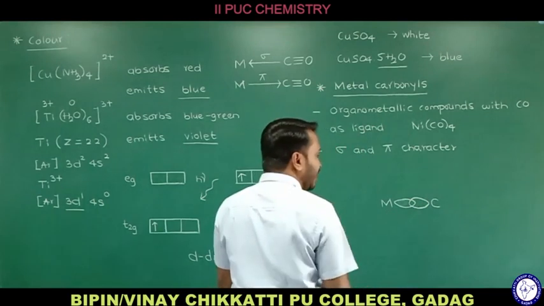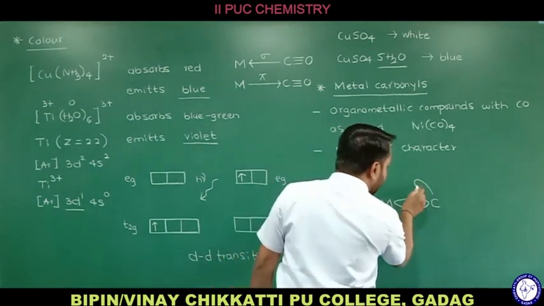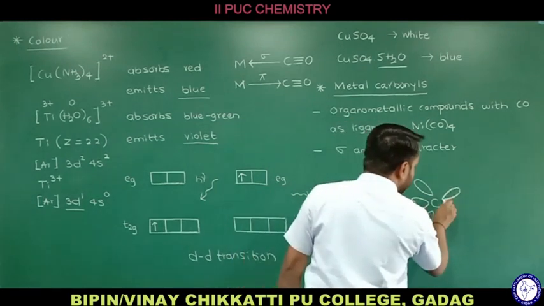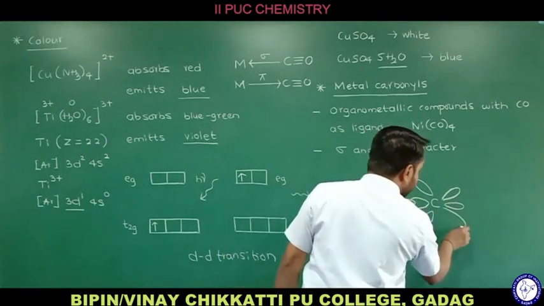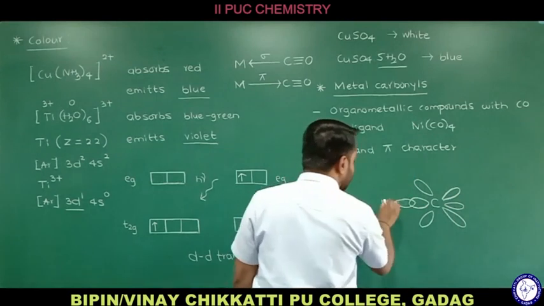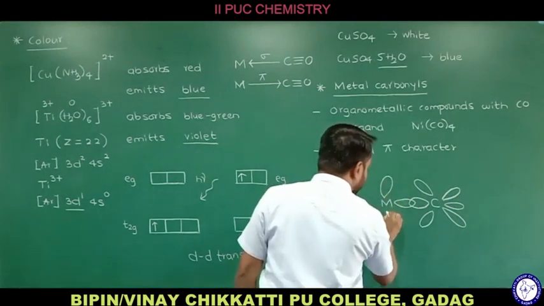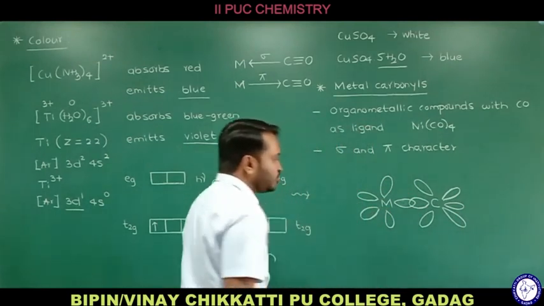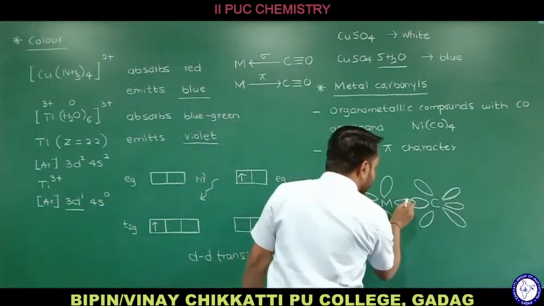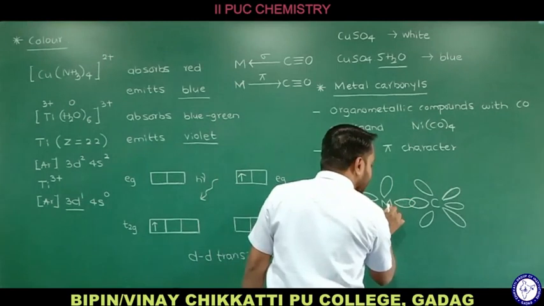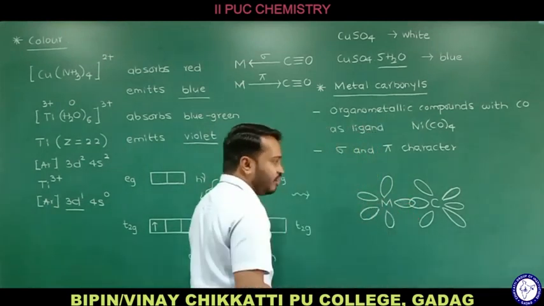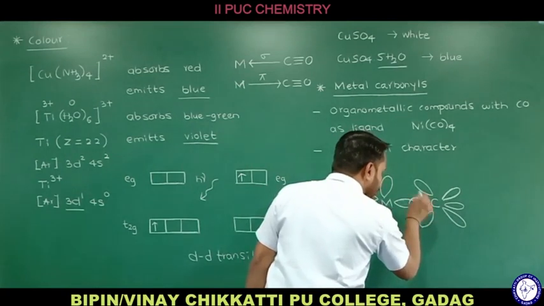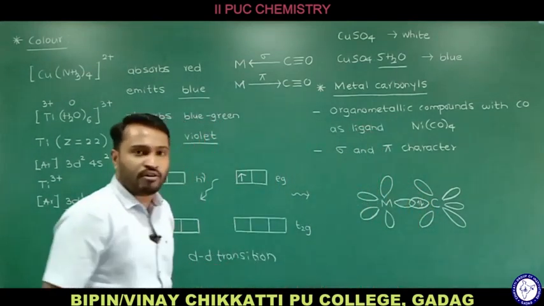Apart from that, this particular carbon has the sideways overlapping in this fashion. So let me draw the remaining also. These are the atomic orbitals, and for the metal we have atomic orbitals here, and we have atomic orbitals in this fashion. What I am going to say is, this atomic orbital of the central metal atom is vacant, which is hybrid, whereas this atomic orbital of carbon monoxide contains a lone pair of electrons.